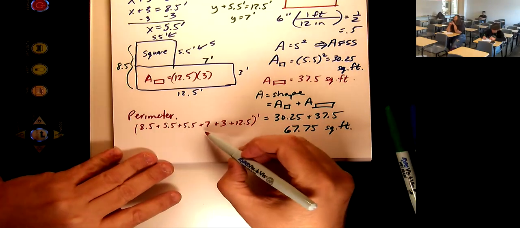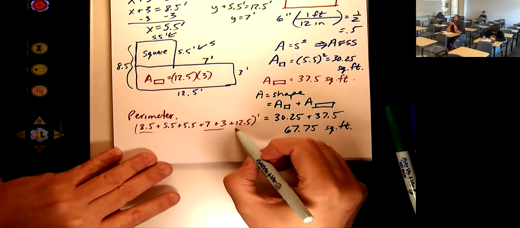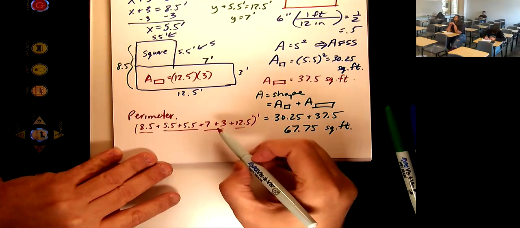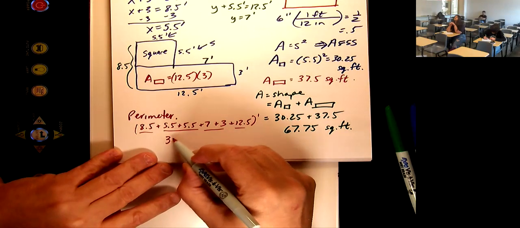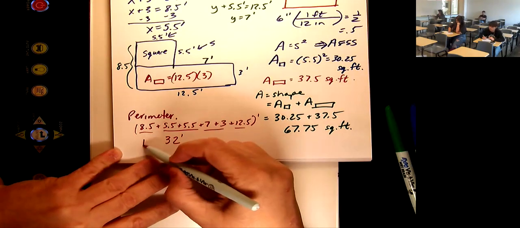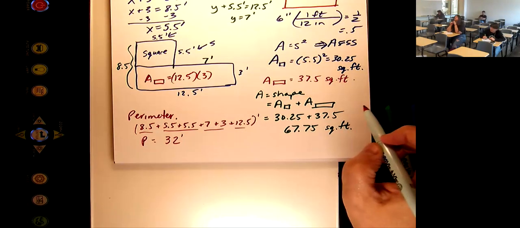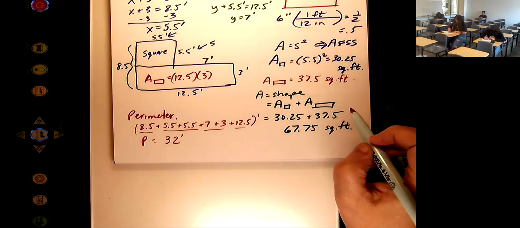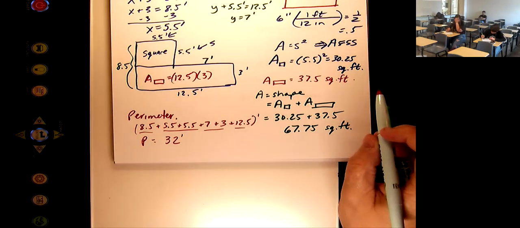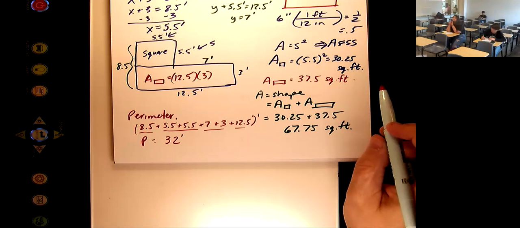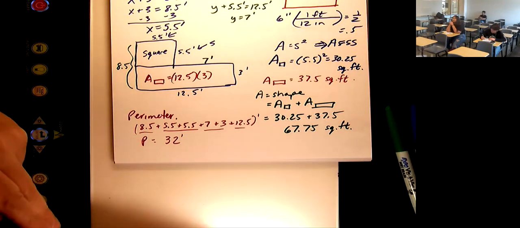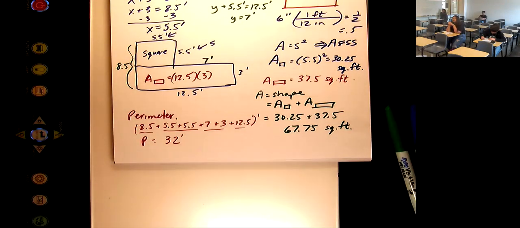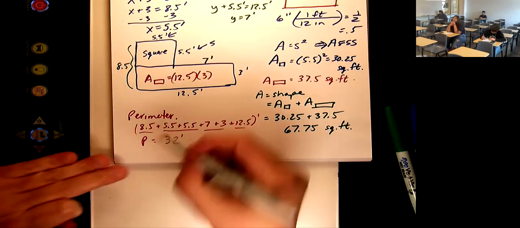So let's see, I got 10, 21, 32. I think that's 32. Yeah, it is. 42.